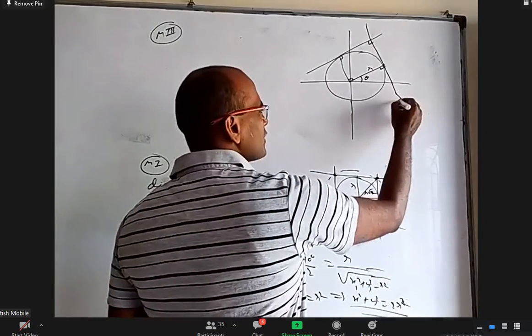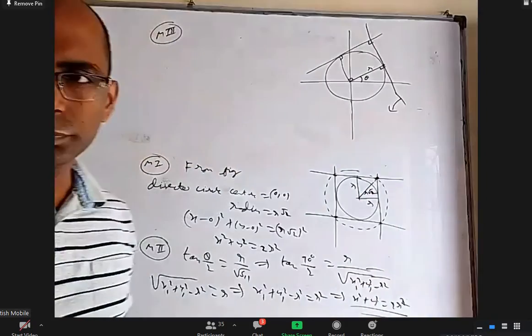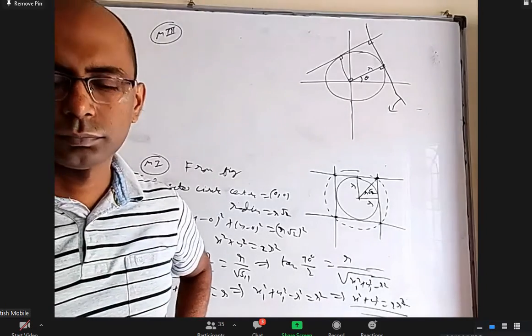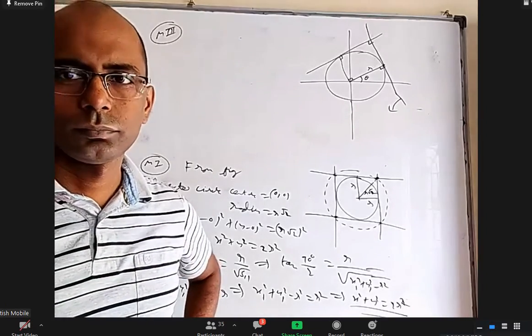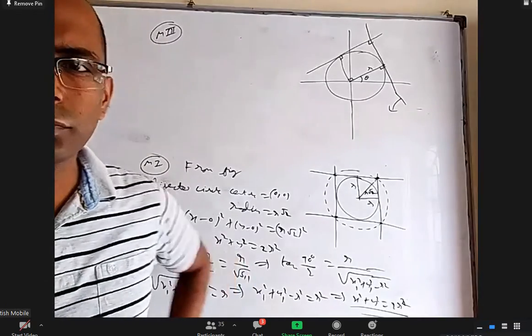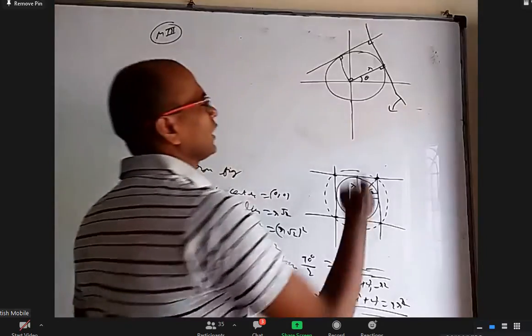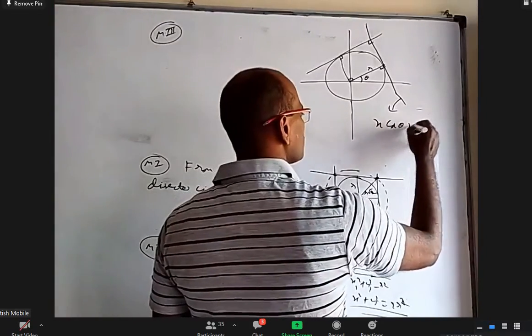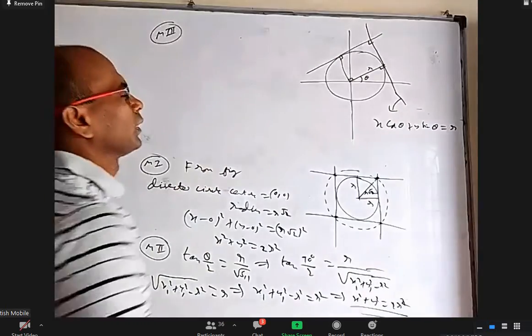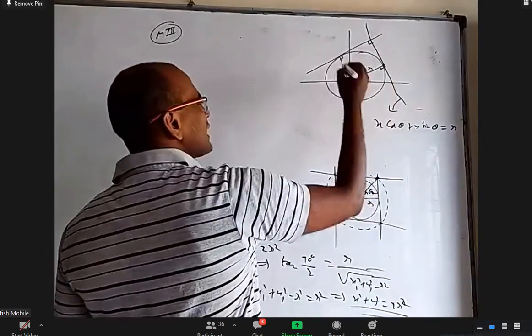What is the equation of this tangent? Anybody want to tell? x cos theta + y sin theta = r. That is the normal form of a line. What is the equation of this other tangent?